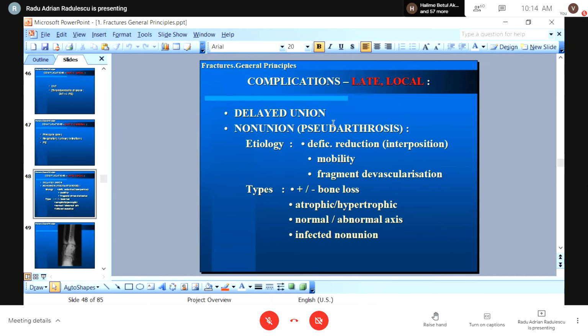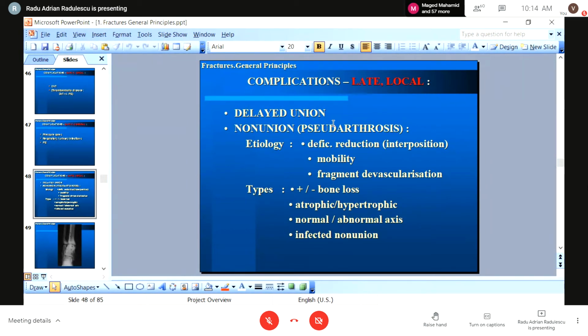So usually a fracture must be healed, so the union of the bone must be obtained in about 3 to 6 months, no matter the method we have used for fixation, conservative or surgical. If after 6 months, by using X-ray examinations, we don't find the union of the bone, then we may be in front of a delayed union.